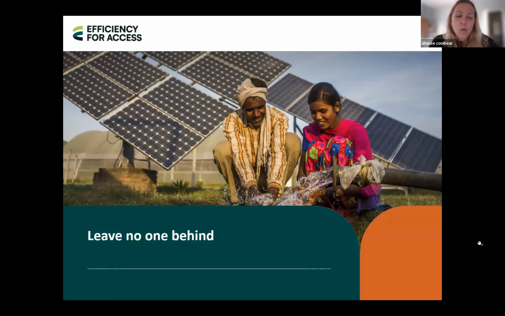So no matter what SDG you're working on, there's an opportunity for you to think about Leave No One Behind and how to integrate that as part of your thinking in your designs and in your projects, especially as the projects that we work on cover poverty related issues, energy access, and also working across sub-Saharan Africa and some of the regions in Asia, where people need support the most. If we can go to the next slide.